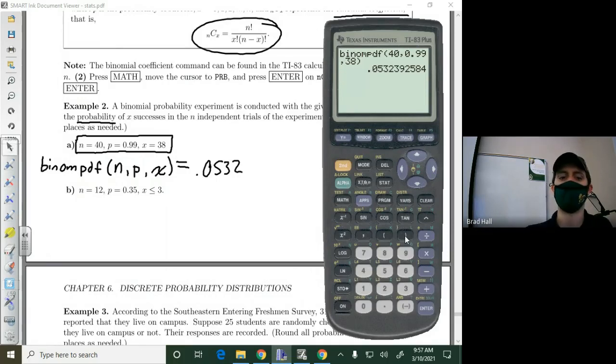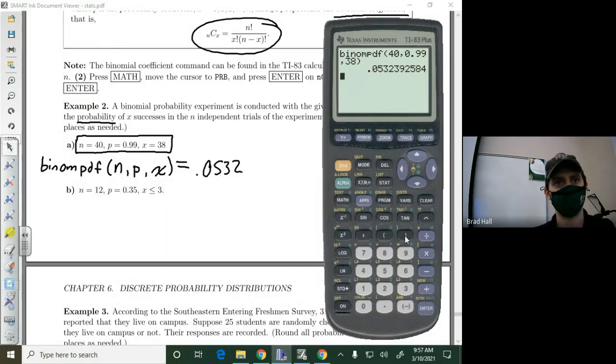So this is a process we use whenever x is equal to an exact number. Is there anyone having trouble with this process? Did anyone get that number?